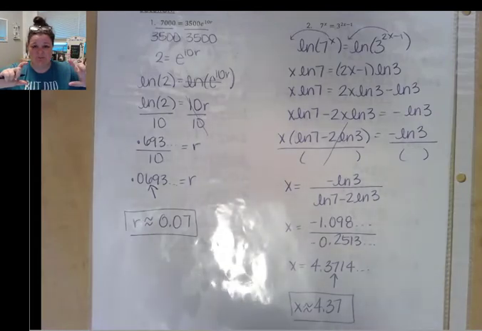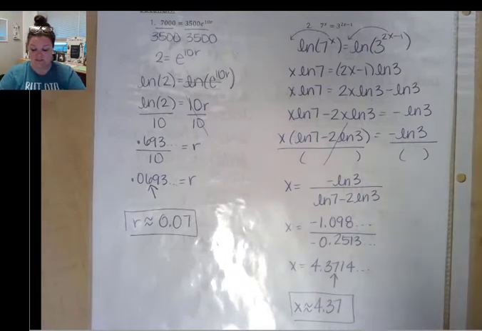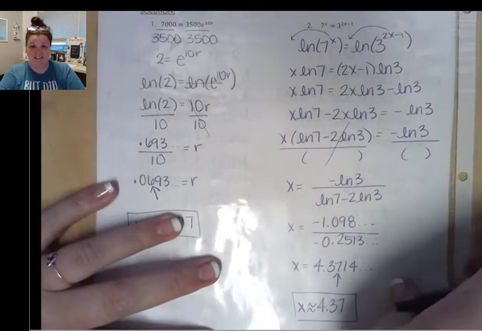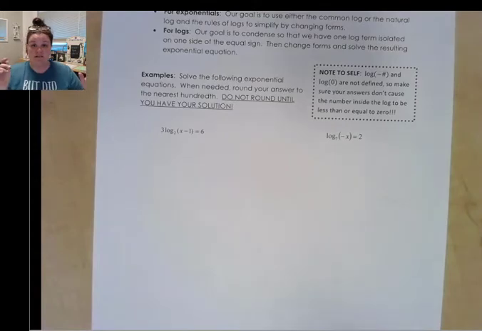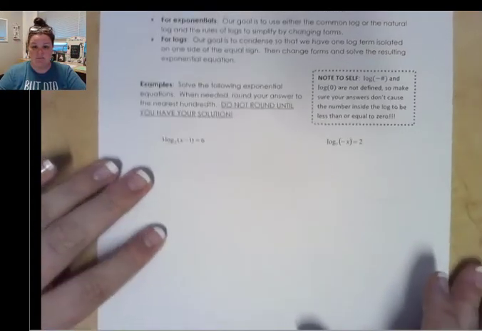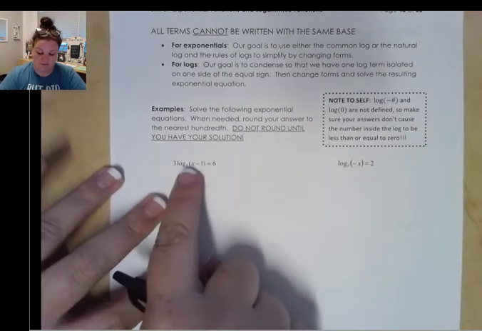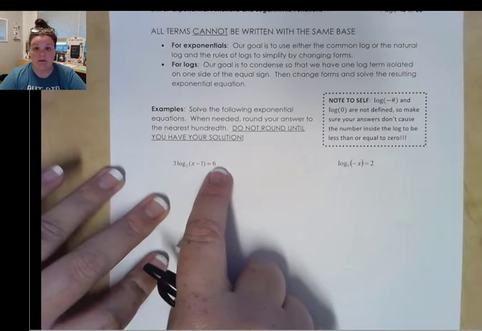All right, so that was all about exponential equations where we can't write both sides with the same exponential base. Now what I want to look at is log equations where we can't write both sides with the same log. Because remember, our method before was to get one log term and then drop the logs. But in a problem like this, I have one log term on this side, but on this side I don't have a log at all.